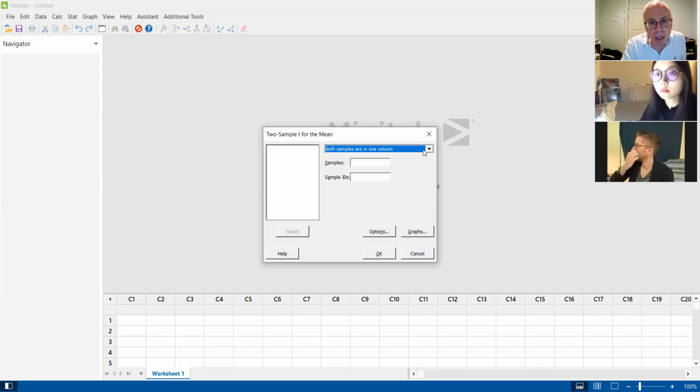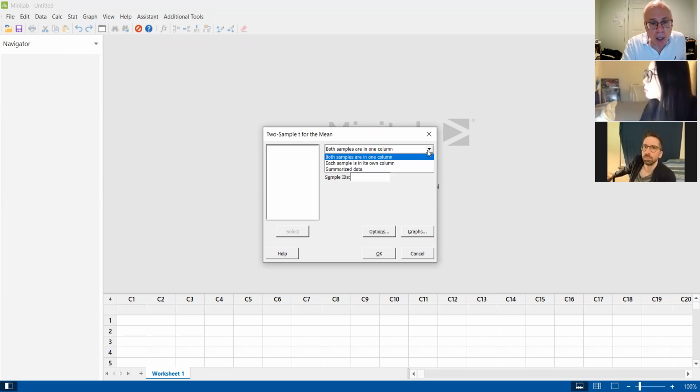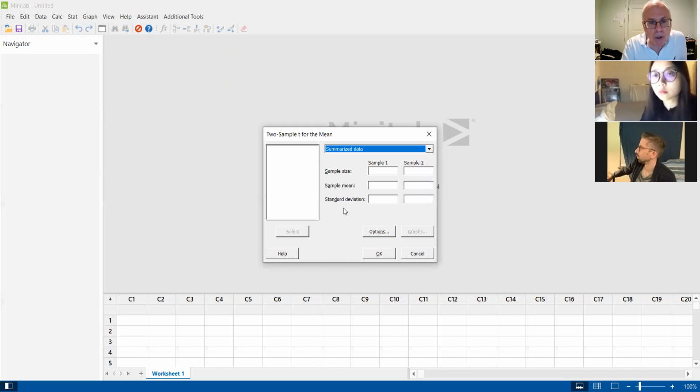Yes. If I don't give you data, I would probably give you summarized data, meaning you would put in the mean and the summary information. Notice it gives you this option, and you can put in your individual sample sizes for each of the two groups.